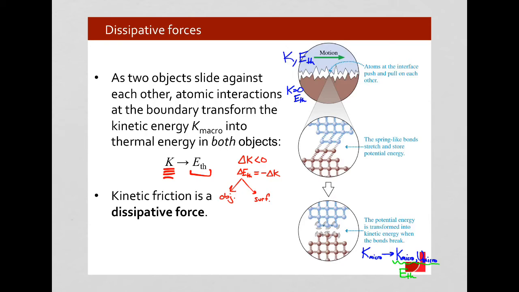The point that we're trying to see here is that kinetic friction is a dissipative force. That means that it's dissipating the macroscopic kinetic energy of the object. It's taking away the energy of that object. It's dissipating that energy, but the energy doesn't disappear. It doesn't just go away.